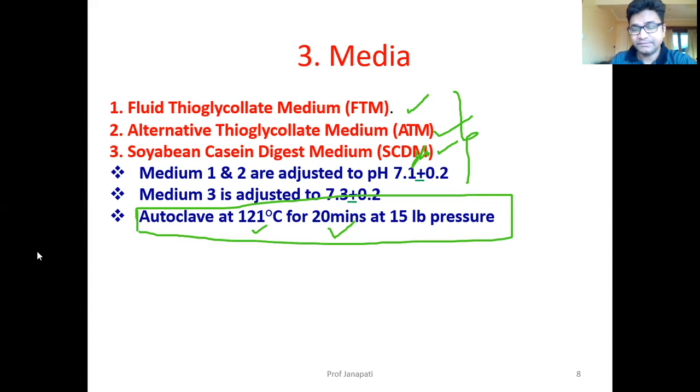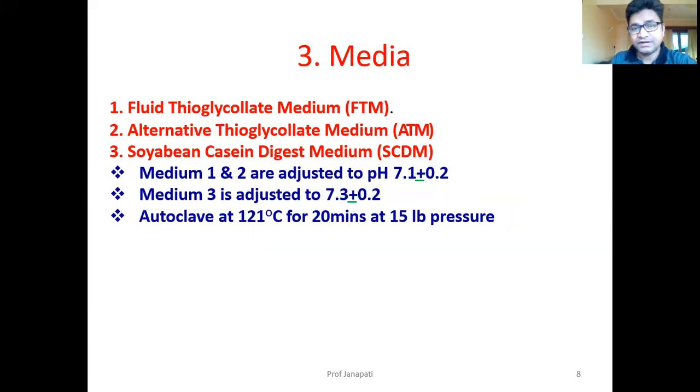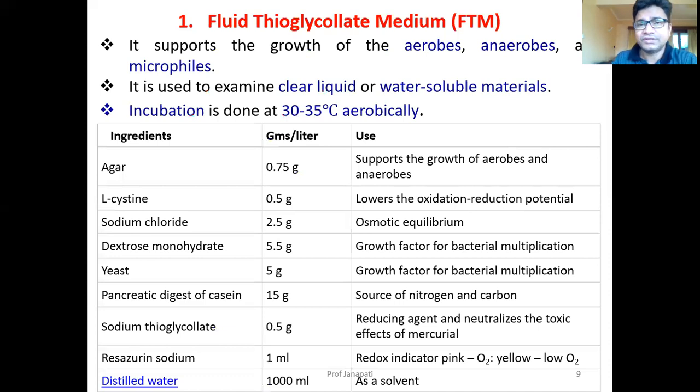So this is the medium. So what are the compositions? See the fluid thioglycolate medium. It is mainly used to test aerobes, anaerobes, and sometimes even microaerophiles.